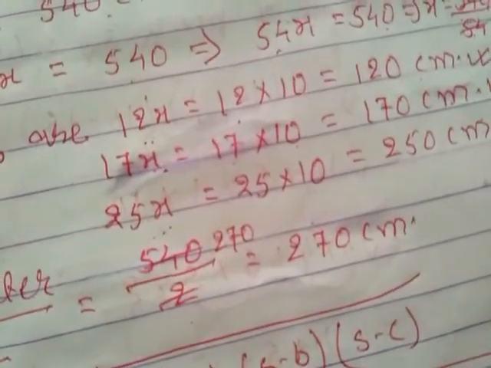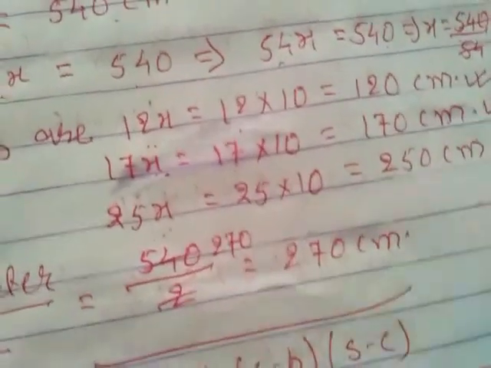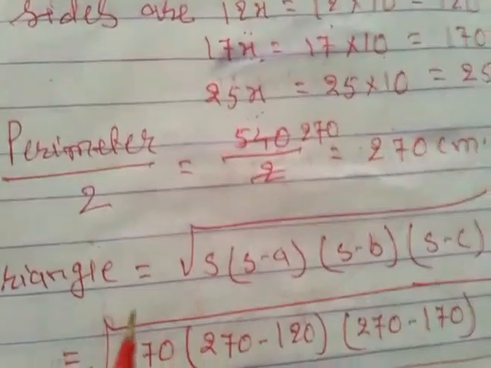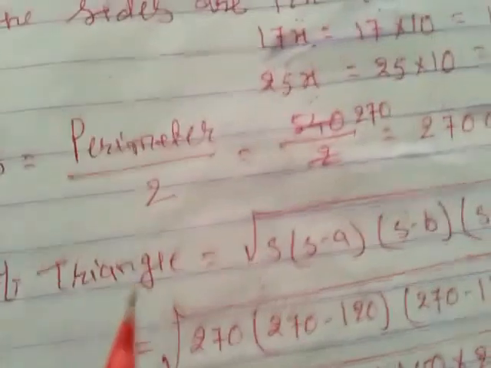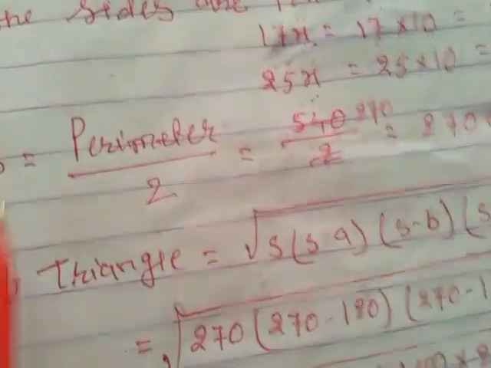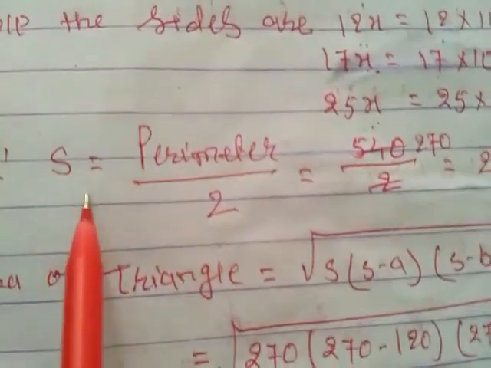Now substituting the value of S, A, B and C in this formula. So we have 270 into 270 minus 120 into 270 minus 170 into 270 minus 250.